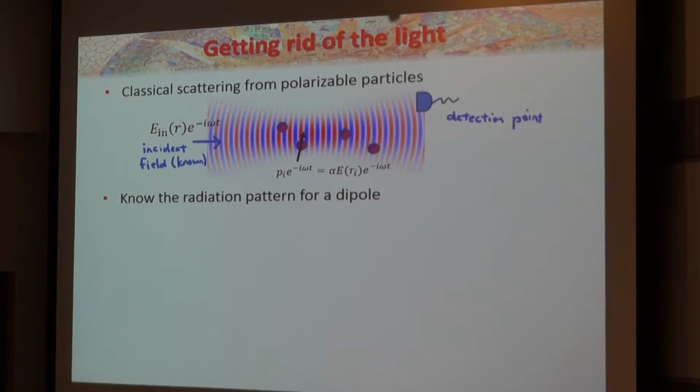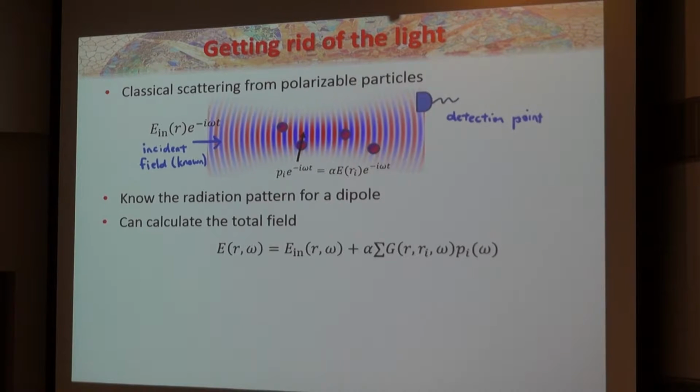Again, because I know the radiation pattern for a dipole, I can just formally write down the total fields. The total field in the frequency domain is going to be what I send in, plus that which is rescattered by the dipoles. The rescattering is just proportional to the dipole amplitude itself, times the Green's function, which is what propagates that dipole out to my detection point, r.